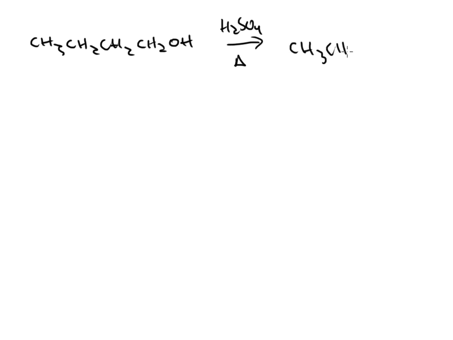Let's say that we have CH3, CH2, CH2, CH2OH. And we react this with sulfuric acid and some heat. What would form? Just based on what you know right now, what would form? Oh, okay. So we'll redraw the reagent. CH3, CH2, CH2, CH2. There's the OH.